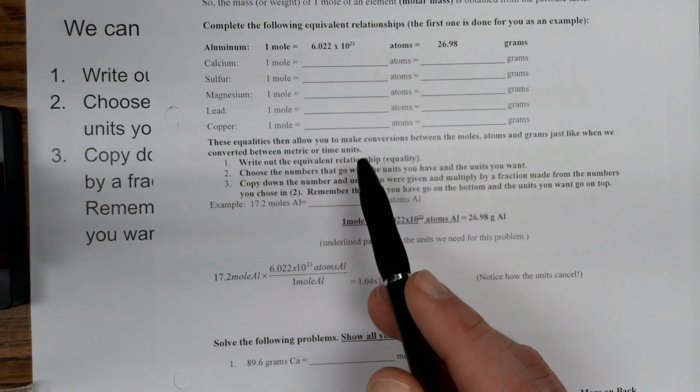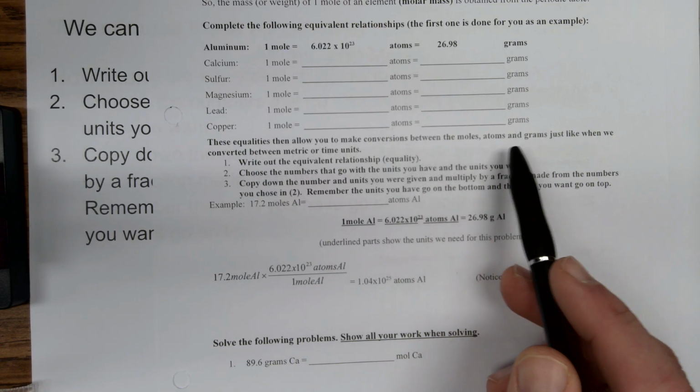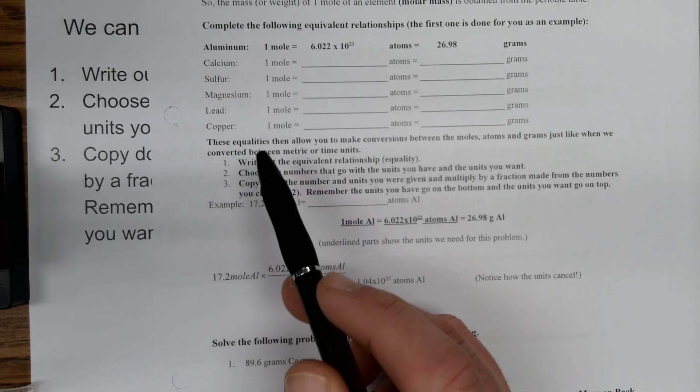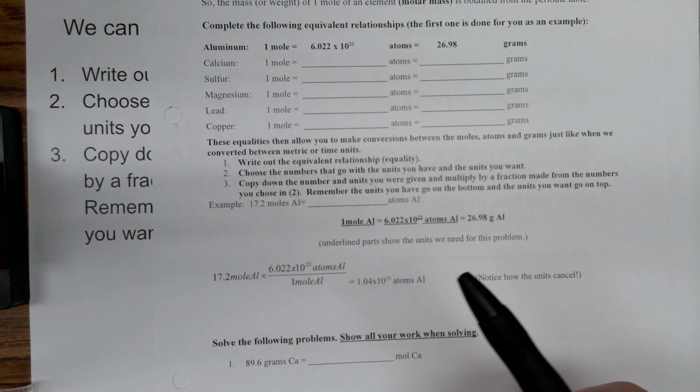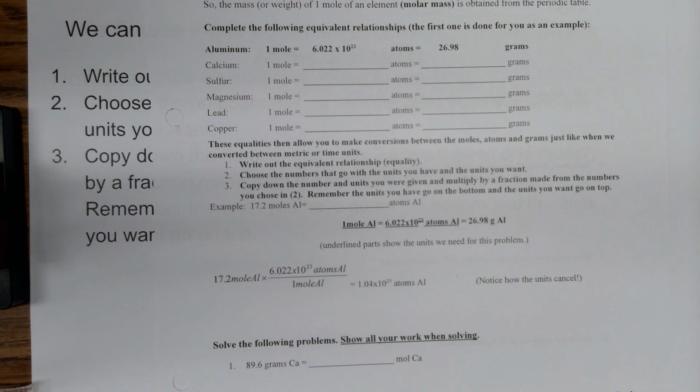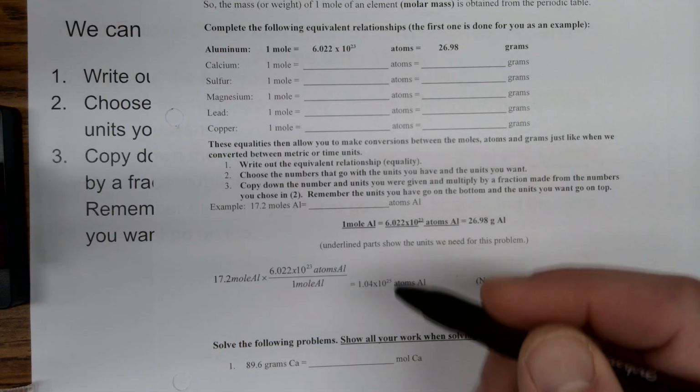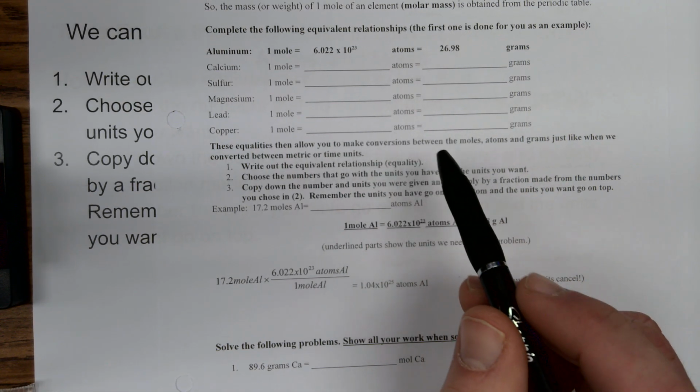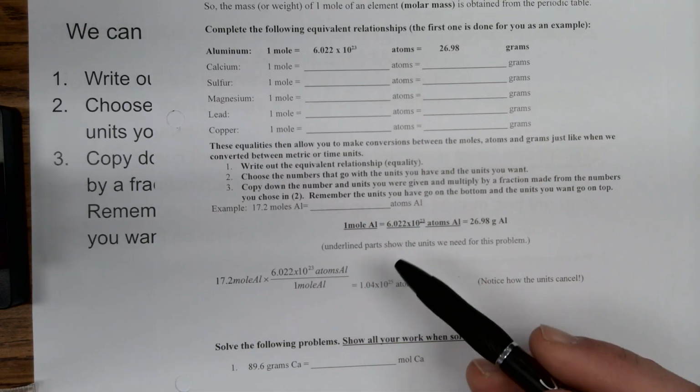These are qualities that allow you to make conversions between moles, atoms, and grams, just like you did when you converted between metric or time units. When I say I had 10 centigrams of something and I need them in kilograms or megagrams or milligrams, I'm going to follow the exact same steps, and I pulled them straight from the 3 steps right from your worksheet.